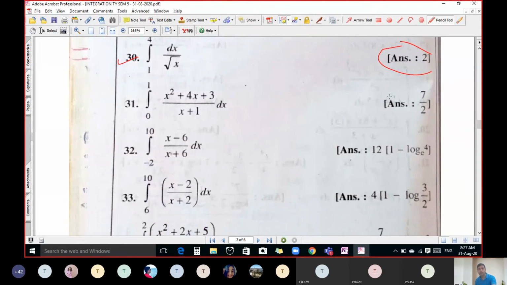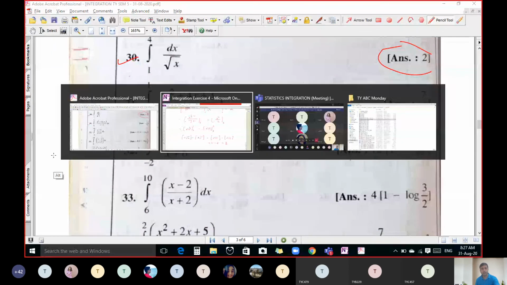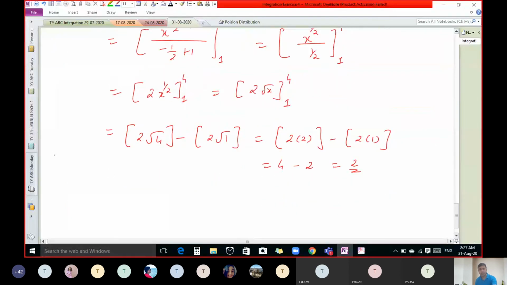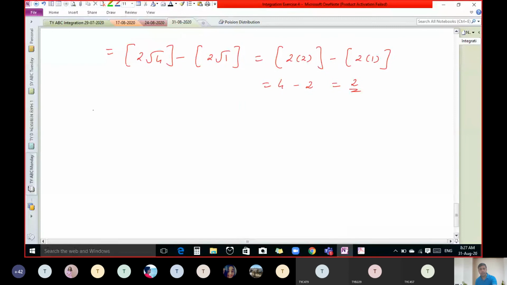Okay, let us do this question 31. Integration of x square plus 4x plus 3 upon x plus 1 dx.